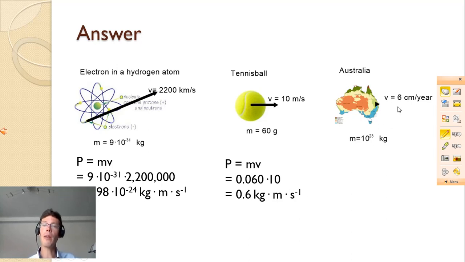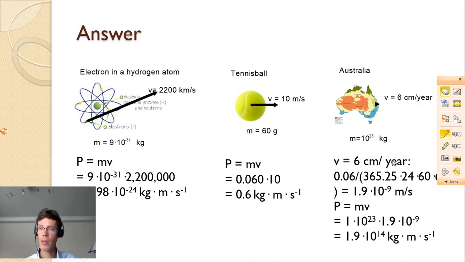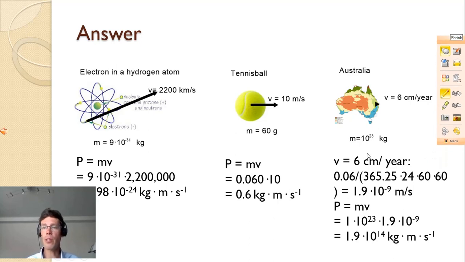Then Australia, which moves very slowly, 6 centimeters per year, but its mass is huge, 10 to the power of 23 kilograms. So, to convert it, I need to convert centimeters to meters, which I can do by dividing by 100, because there's 100 centimeters in a meter. And I need to calculate the number of seconds in a year. 365.25 days go in a year.